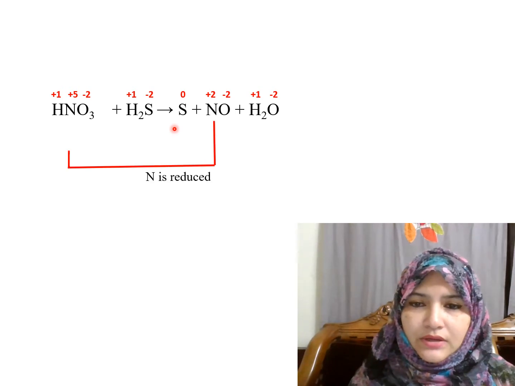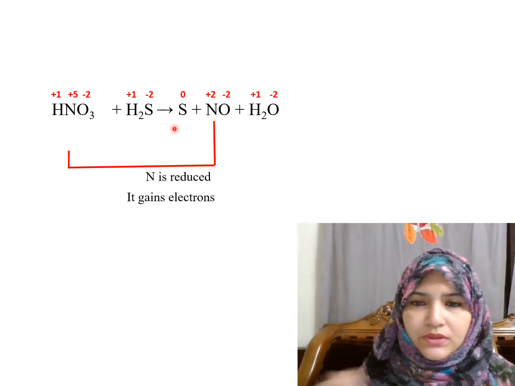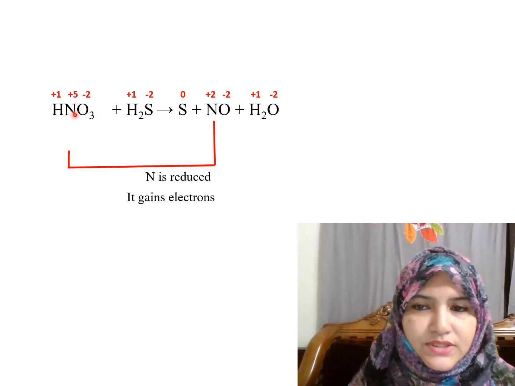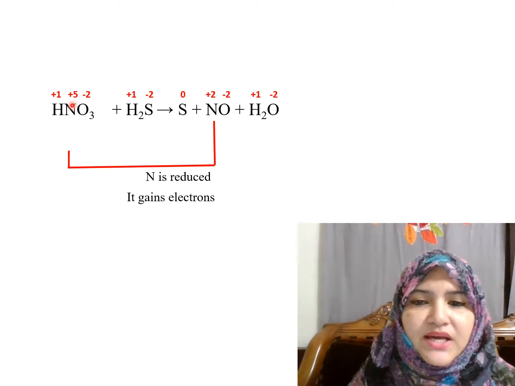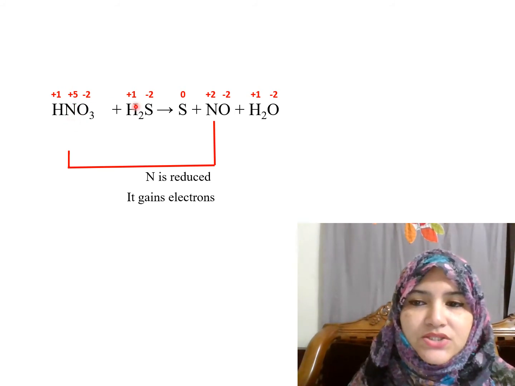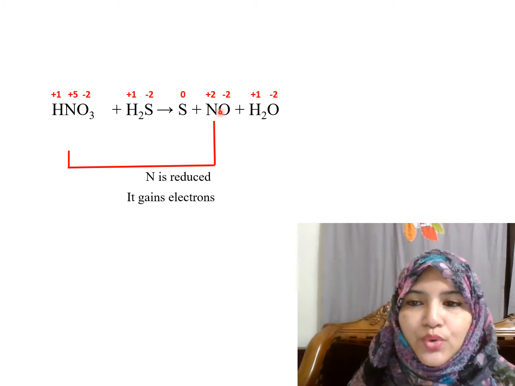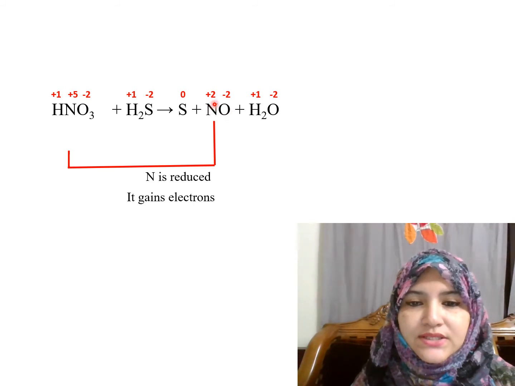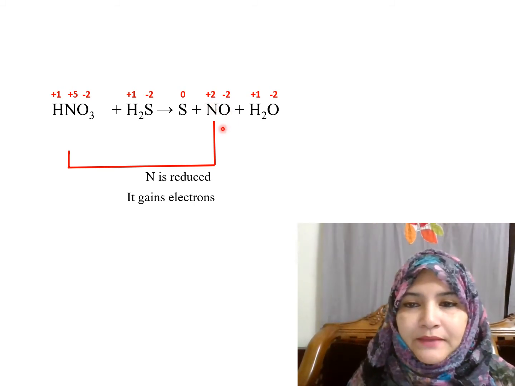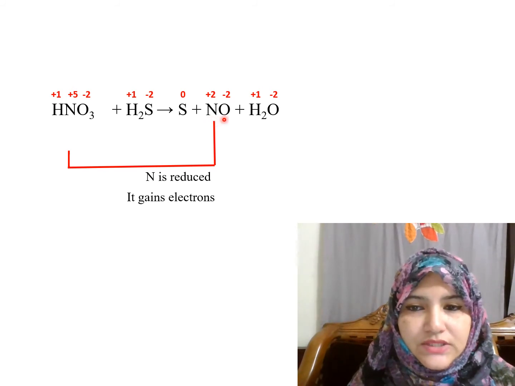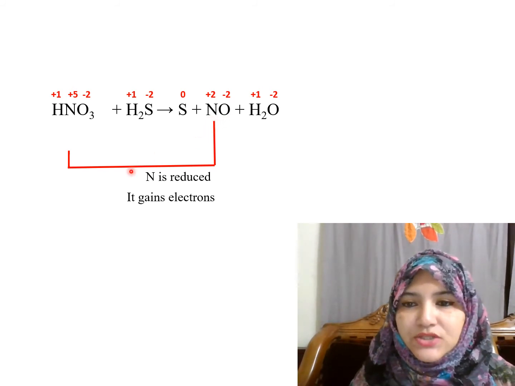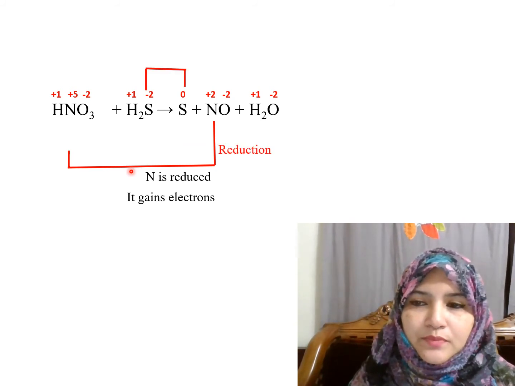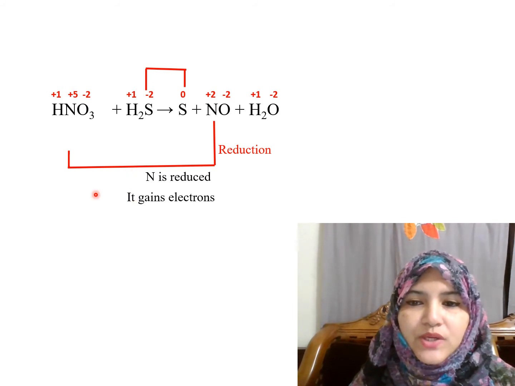Now nitrogen, we look at this nitric acid. Here nitrogen is +5, and then it's +2 over here in the product, nitric oxide. So we can see a change in oxidation number for nitrogen, going down from +5 to +2 by gaining 3 electrons.